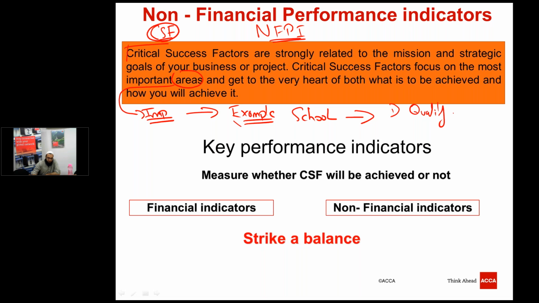This is a critical success factor for a school. Number two, pass rates. Yes, very important. So for a school to be successful, the CSFs will be quality teaching and pass rates. For a school to be successful, they need to focus on these CSFs.